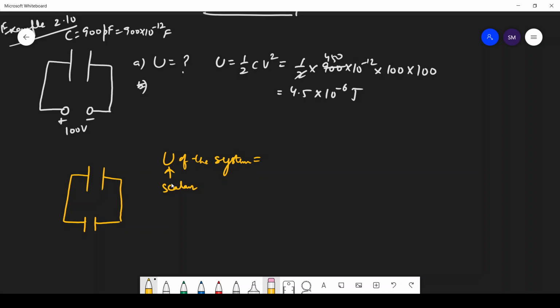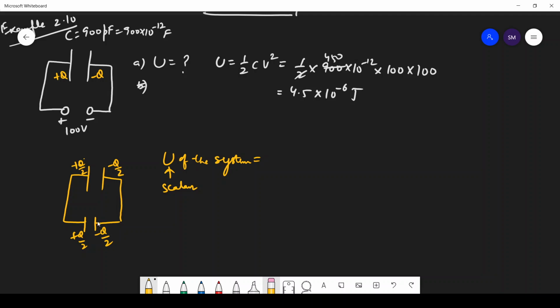Okay, now these two capacitors: this was plus Q charge and this was minus Q after charging it. So now this charge will be equally divided. So here the charge will be plus Q by 2, minus Q by 2, and plus Q by 2 and minus Q by 2.